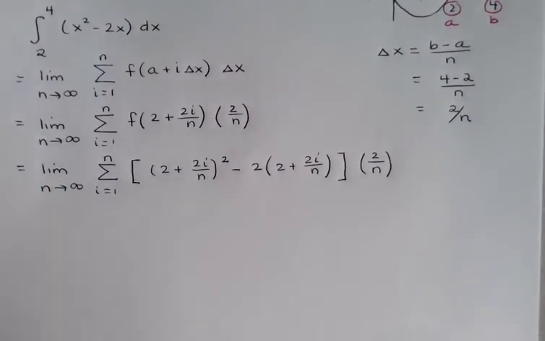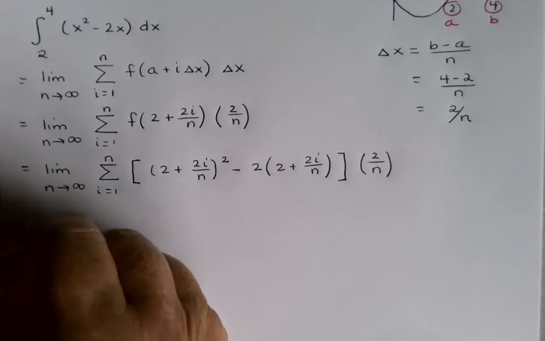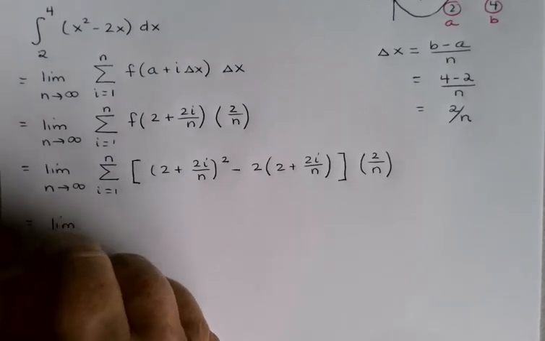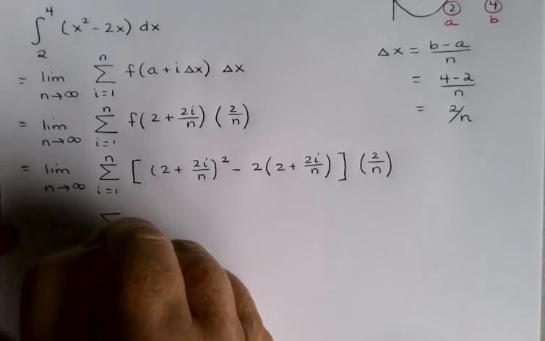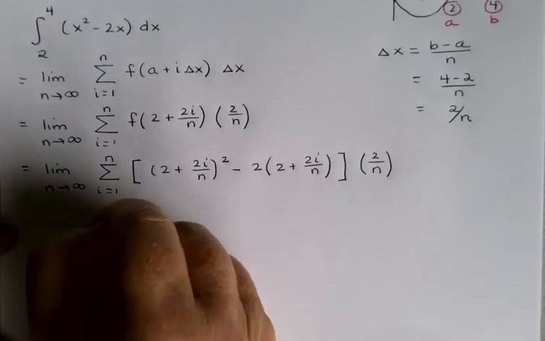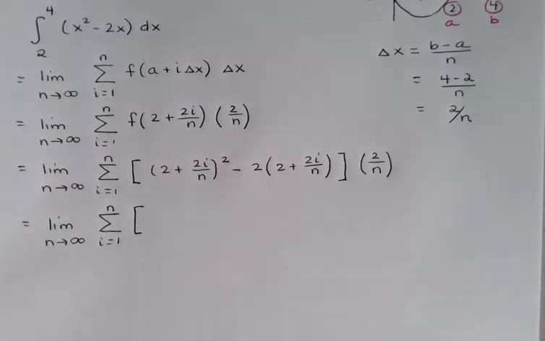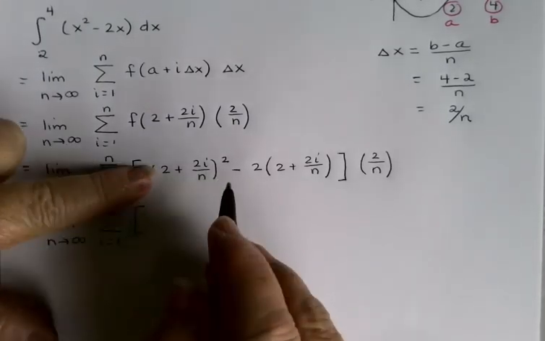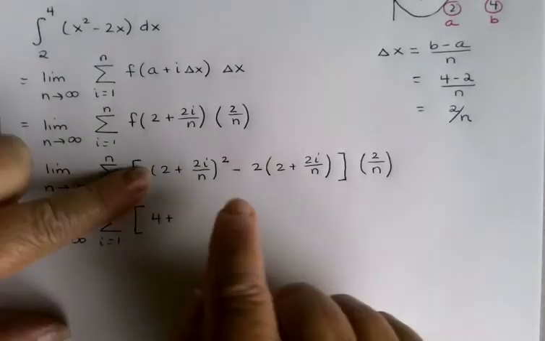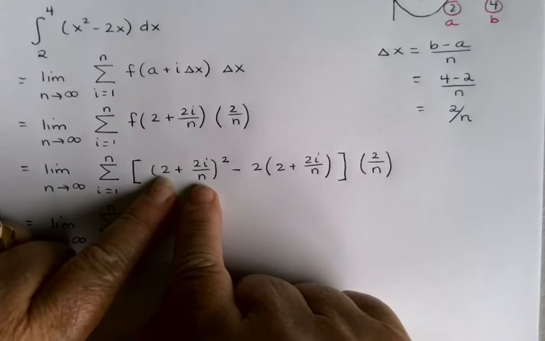All right, algebra time. Squaring this is going to give me 4, plus this product would be 4i over n.